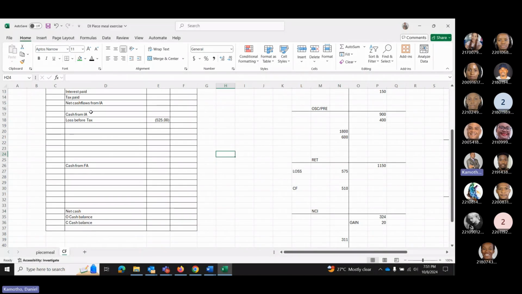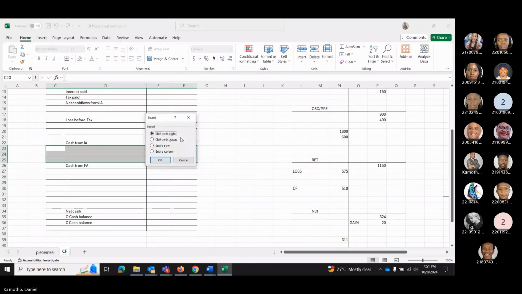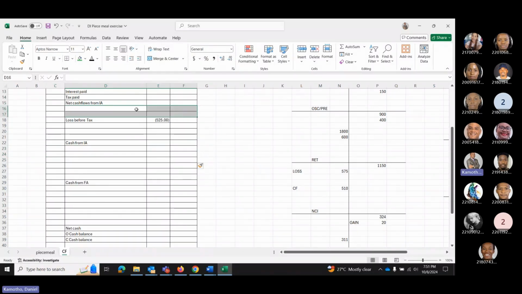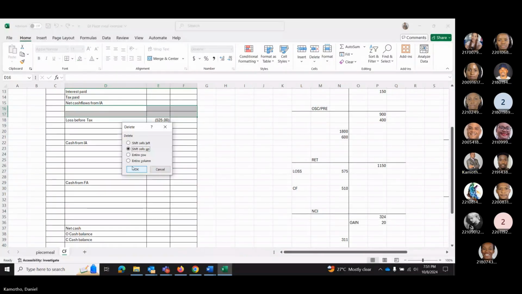Oh, it's operating. I think this one I should take it down. Yes, thank you. When I was cutting there, I should just have put it here. Then there will be a little more space here. Yes, it is cash from operating activities. That's where we should be dealing with it.